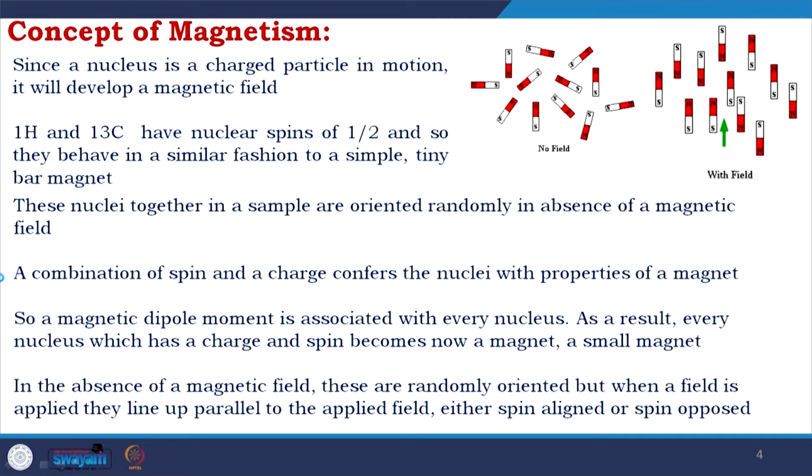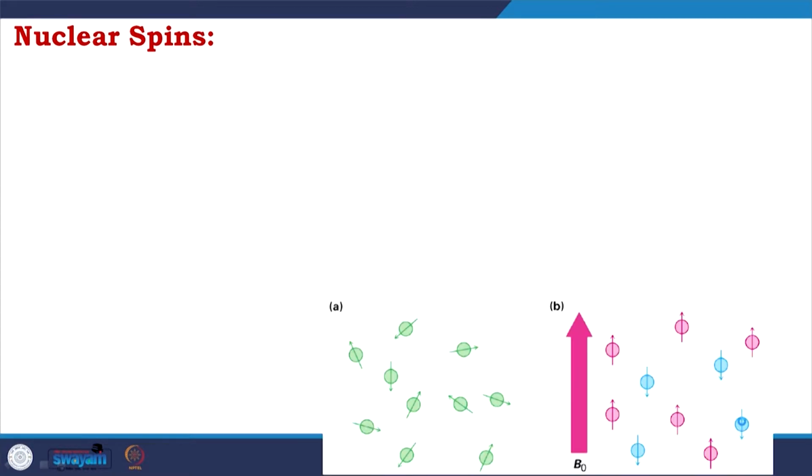In the absence of the magnetic field, these are randomly oriented, but when a field is applied, they line up parallel to the applied field, either spin aligned or spin opposed. So, there are two conditions: spin aligned and spin opposed. We will talk about them.